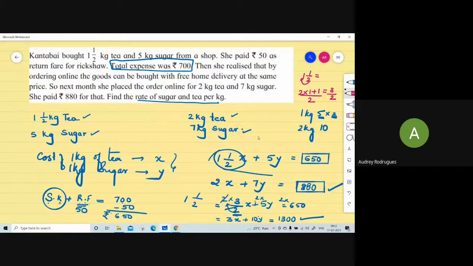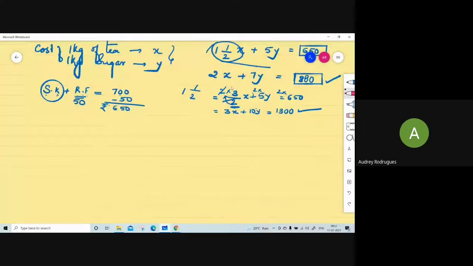Now, this 3 upon 2x plus 5y is equal to 650. Okay? 3 upon 2x, this 2 is the denominator for only this part. Is there any denominator here? No. Then how can you take this 2 directly here?